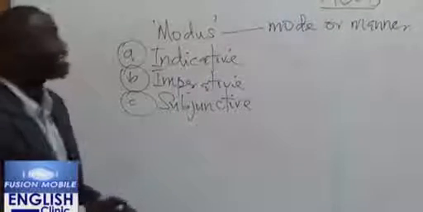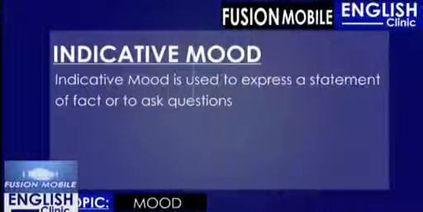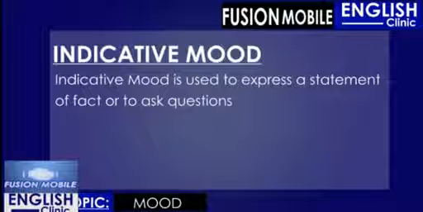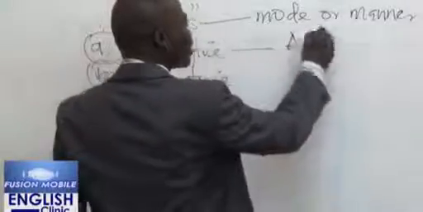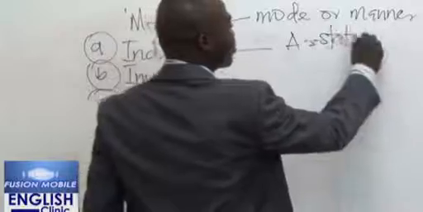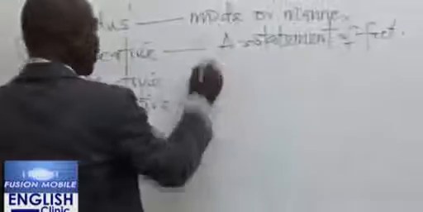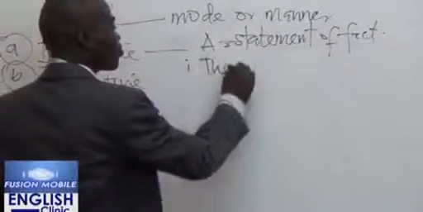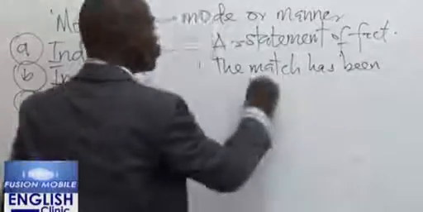The indicative mood is used to express a statement of fact or to ask a question. For example, I can say, the match has been postponed.